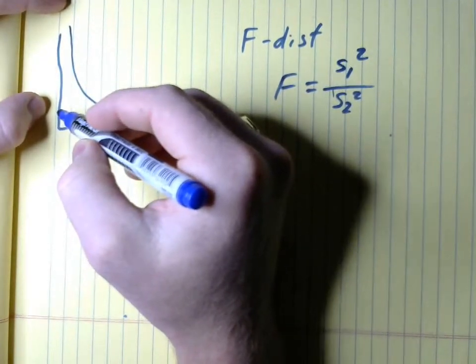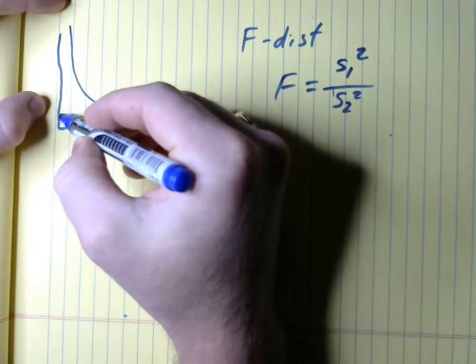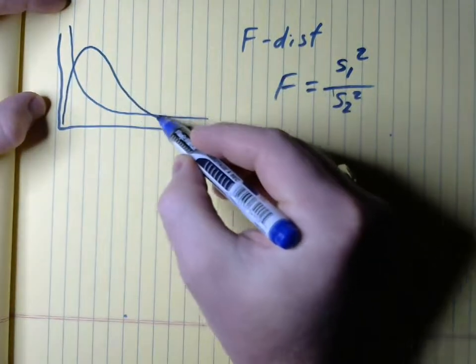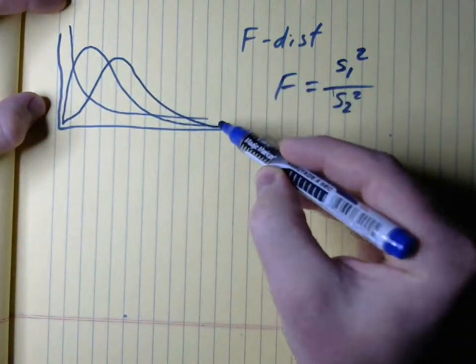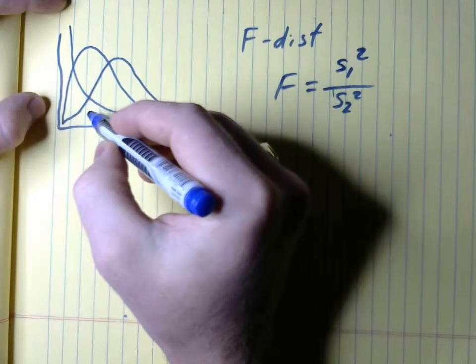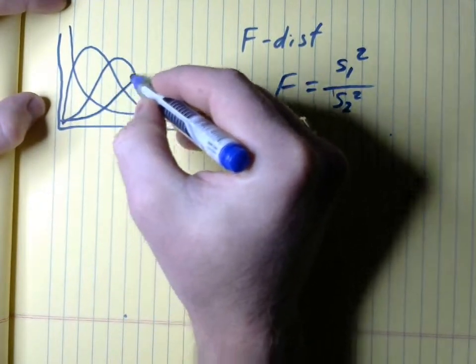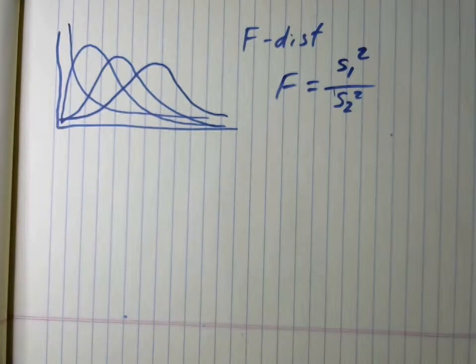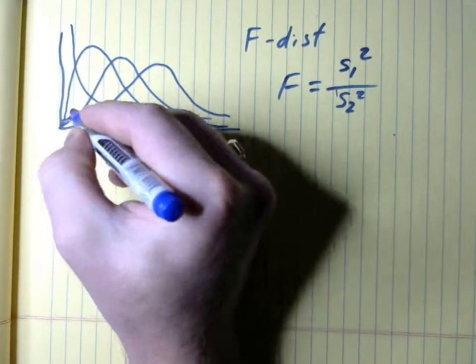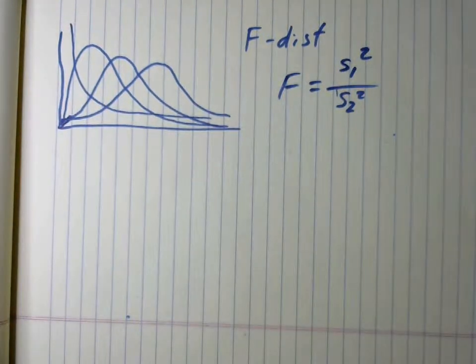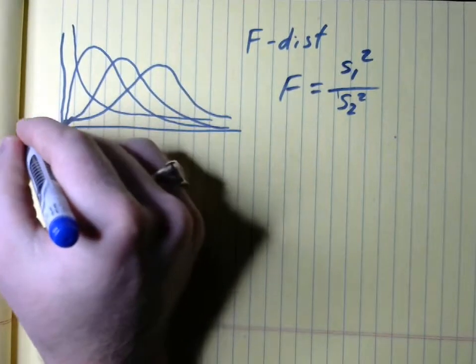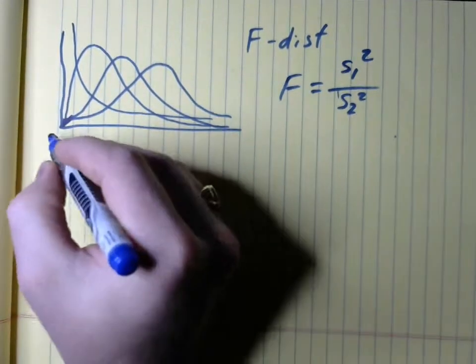Then as n increases, it moves, so it'll maybe look like this for still a small sample size, then something like that for a little bit larger, and eventually you'll get to something a little more normal. I should emphasize that all these distributions have a minimum of 0. There's no tail going off out here. It always stops at 0.